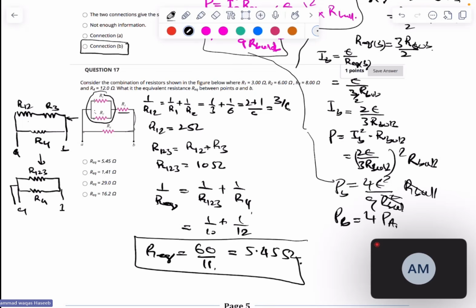So this is the total resistance. So this is how you solve the circuit. You can have many resistances, which can be solved. So we solve this first, then this, and then this, and follow the procedure.